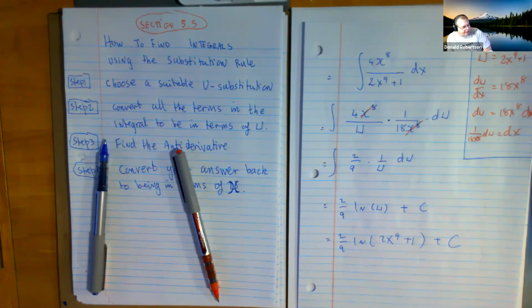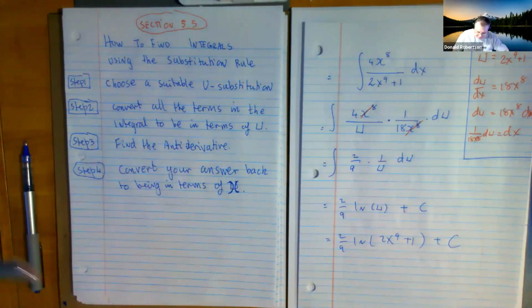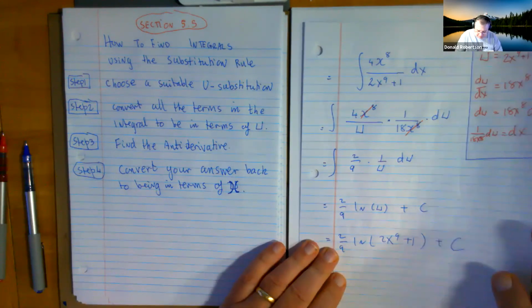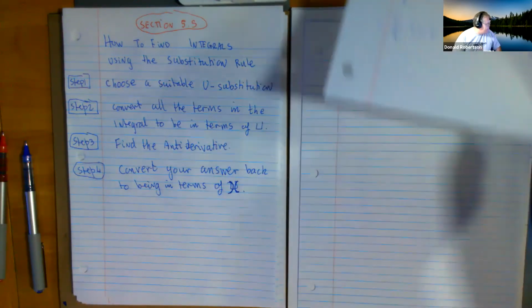The more practice you get at doing this substitution technique, hopefully the more confident you'll be in picking a good U sub, and then the algebra of what you do to make it look pretty, antiderivatives, and then off you go, and you're finished. Let's pick something else.